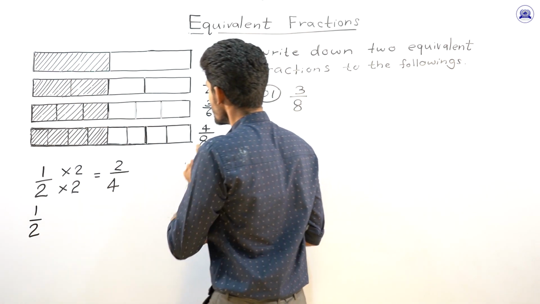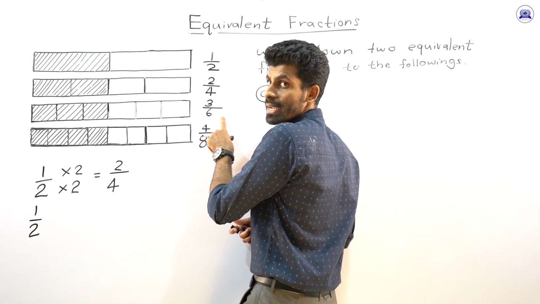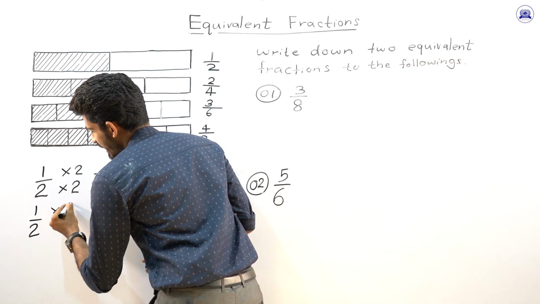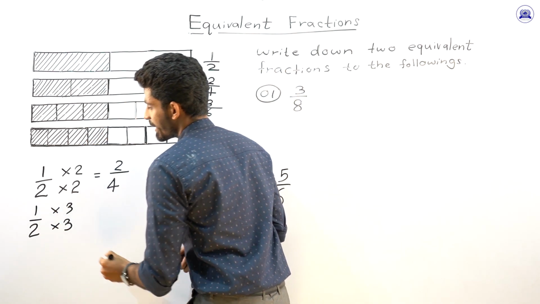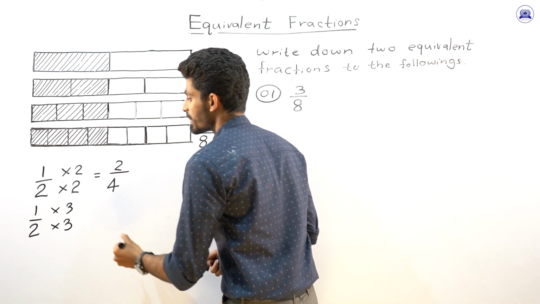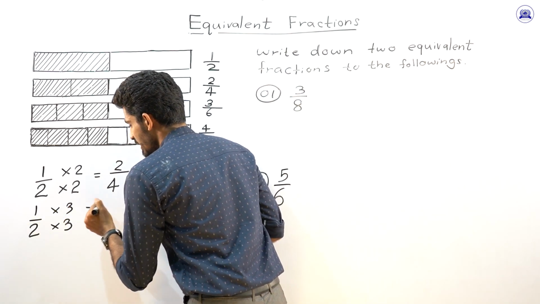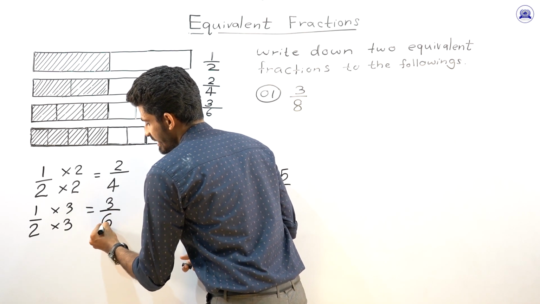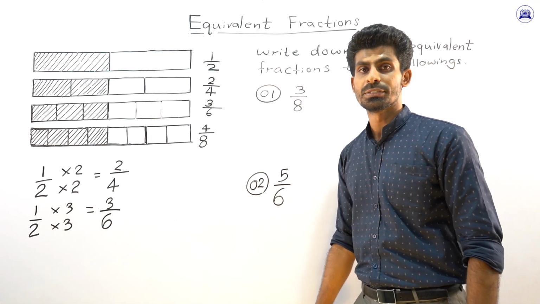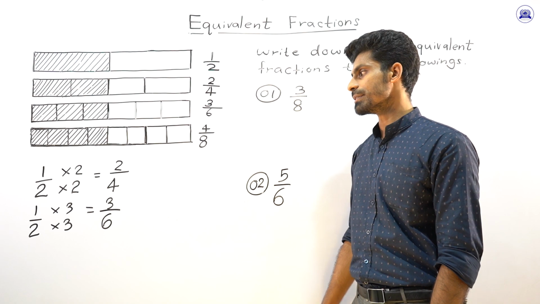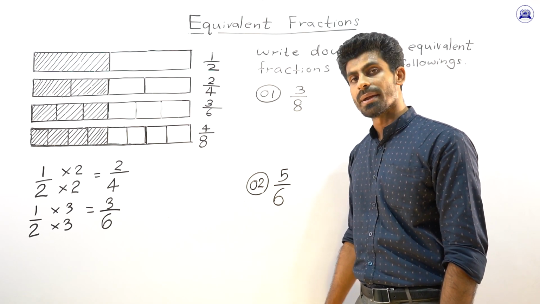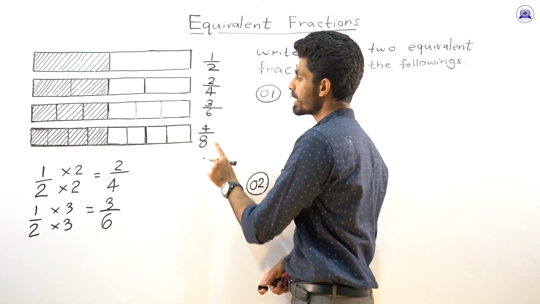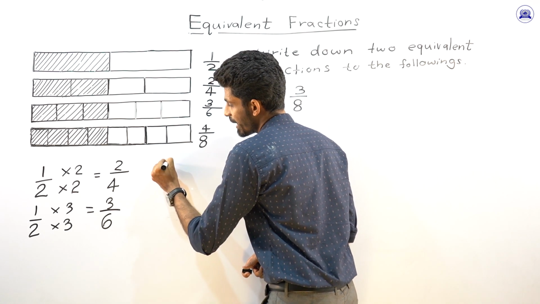Look at the second one. 1 over 2, 3 over 6. So I need to multiply by 3. 1 into 3 is 3, and 2 into 3 is equal to 6. Let's consider this one: 4 over 8.